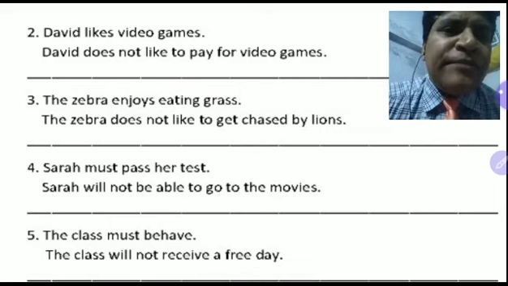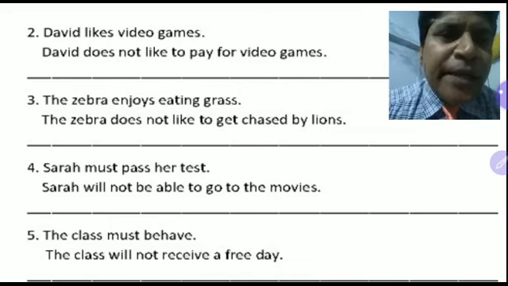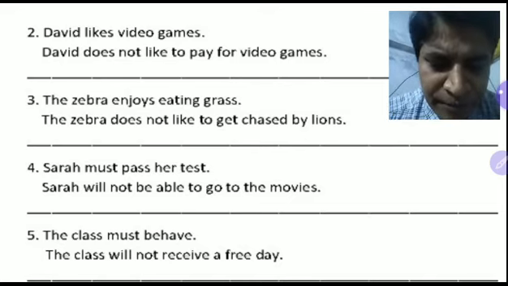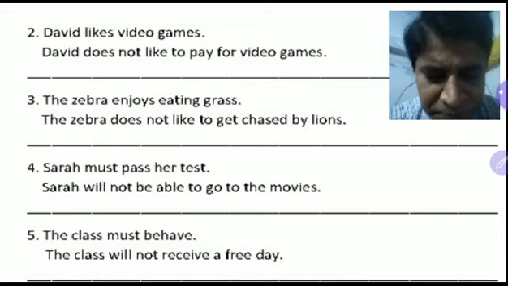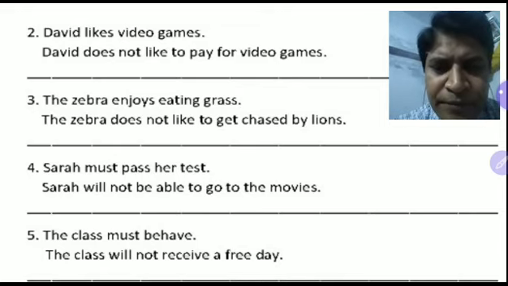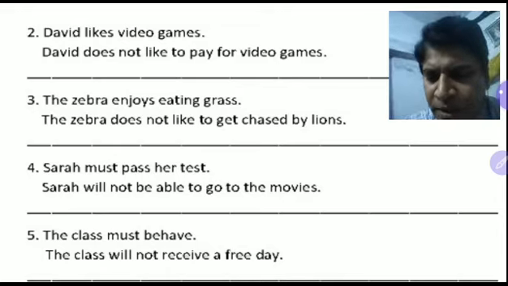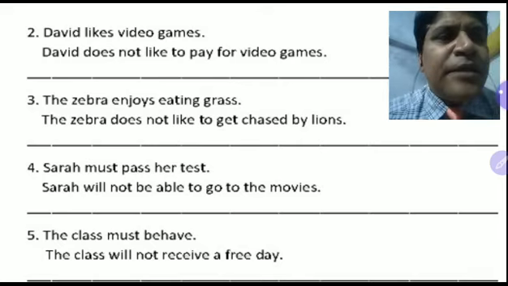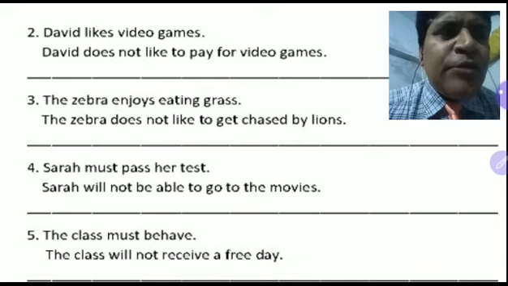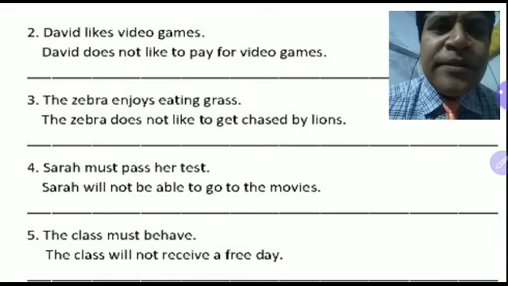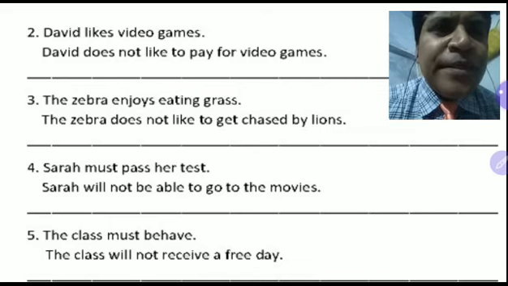If the zebra enjoys eating grass, then he will have to face the difficulty related to the lion, because the lion ultimately is the king of the jungle, and anyone who eats the plants of the jungle has to pay something for it to the king as tax or rent, as the kings, the prime minister used to collect income tax.